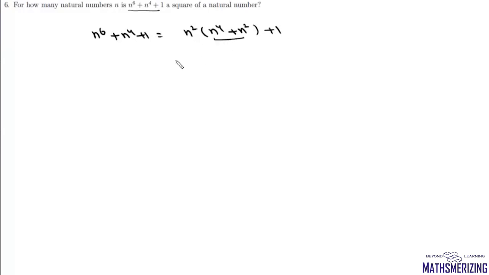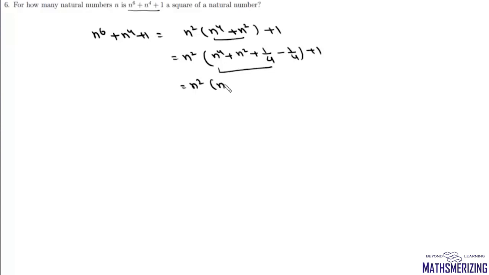Now here we'll complete this perfect square. We write n to the power 6 plus n to the power 4 as n square, and it will be n to the power 4 plus n square, and then plus, we'll add 1 by 4 and subtract 1 by 4, and then plus 1. So we'll write this using a square plus b square plus 2ab.